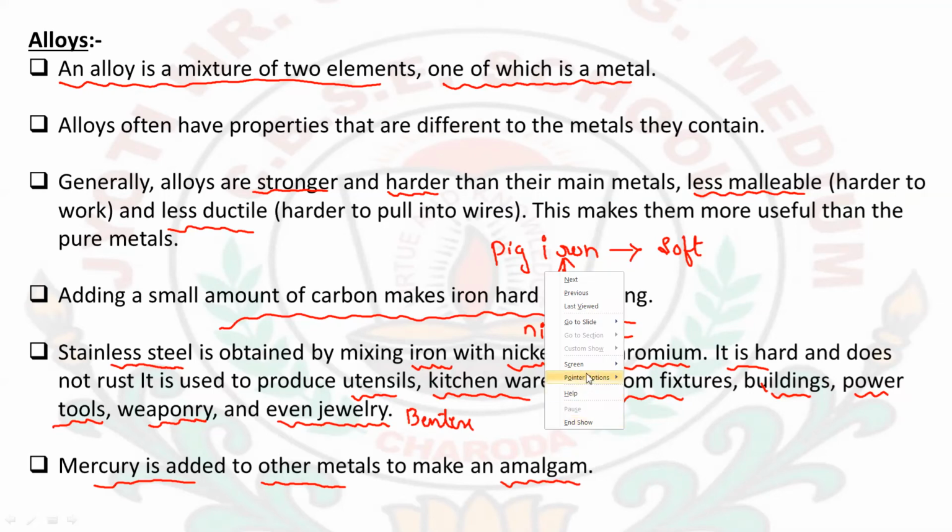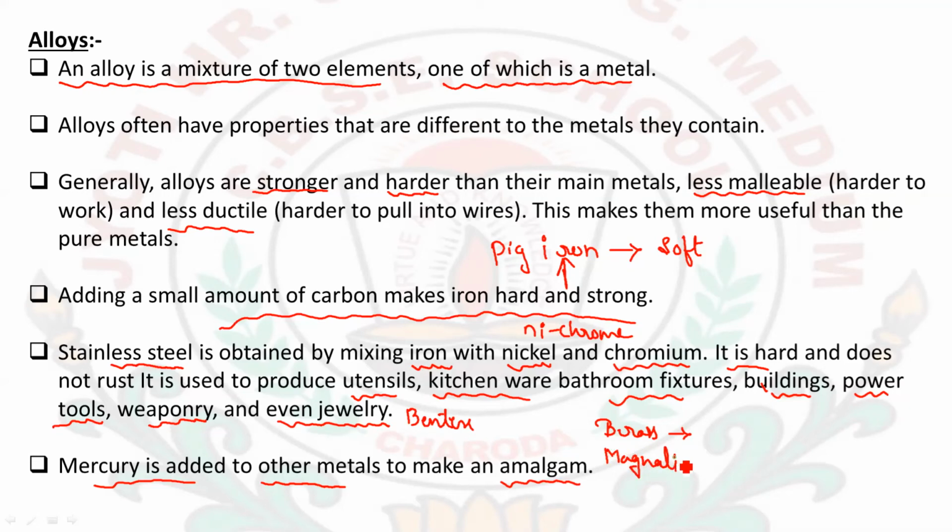I can give you some more examples of alloys, such as brass. Also magnesium plus aluminium, also known as aeroplane metal.